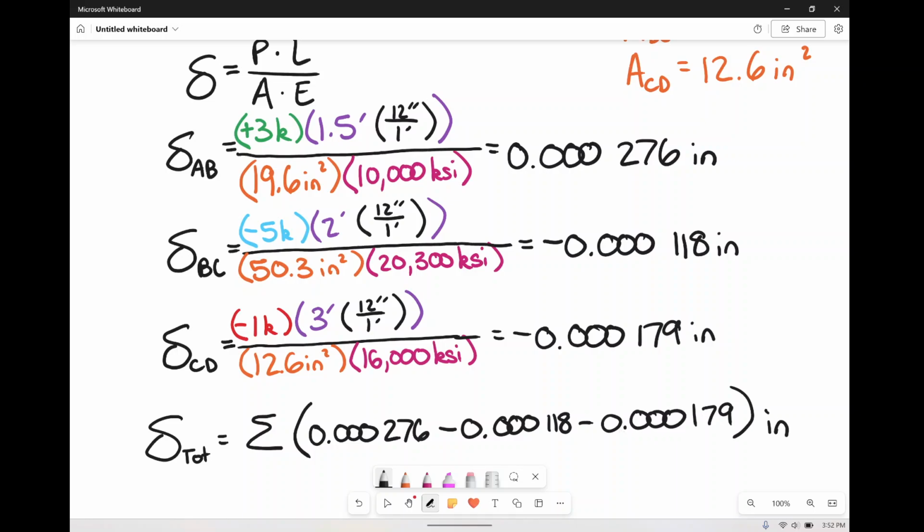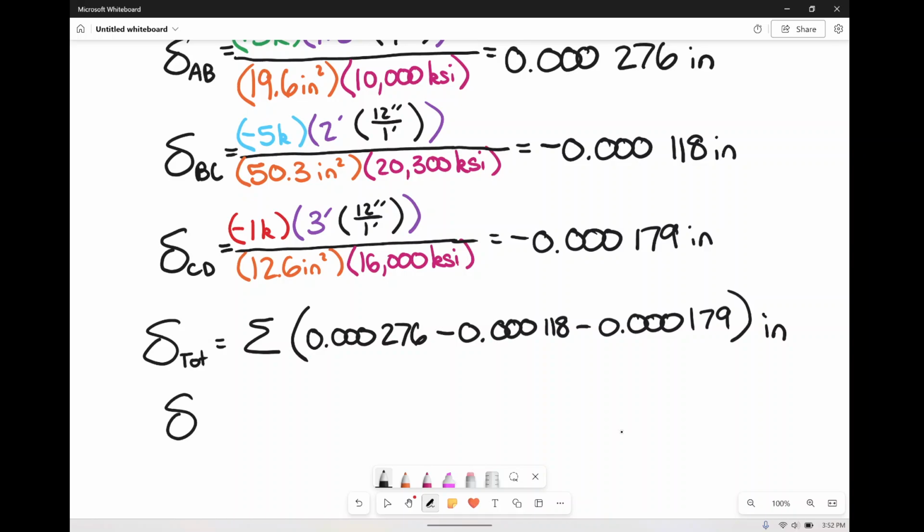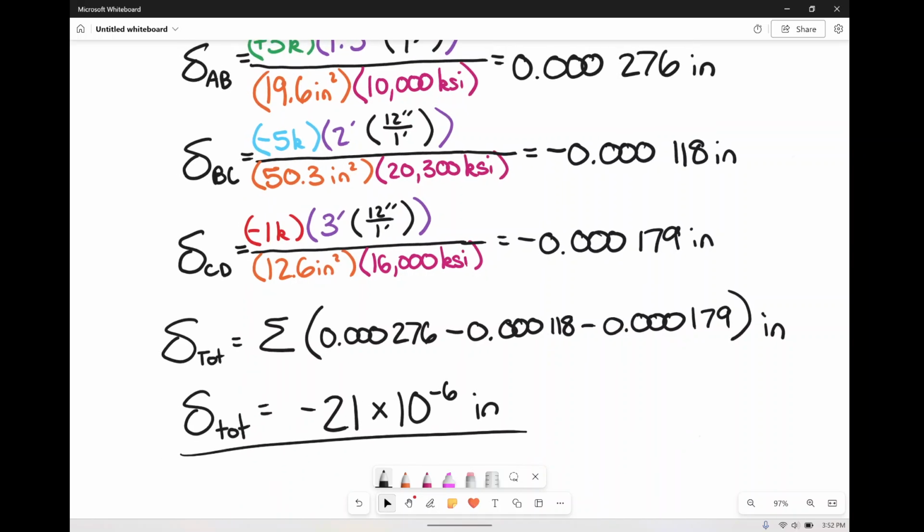All that's going to be in inches. So what we're going to get for our total deformation is negative. It has a lot of zeros, so I'm going to move it to something that looks a little bit more reasonable. So it's negative 21, but it's times 10 to the negative 6 inches. Ta-da! So there you have it.